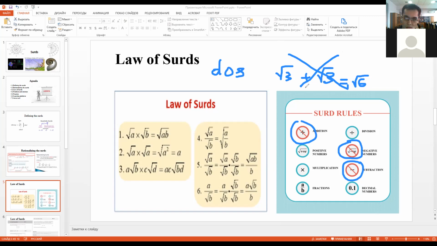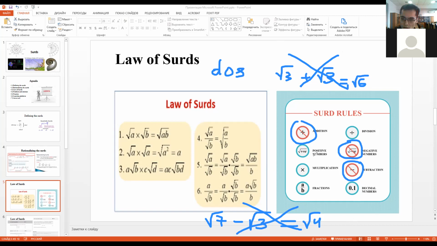There is no addition between two surds, and you also can't subtract them, like 7 minus the square root of 3. You can't do this. There is no such kind of operation, okay?